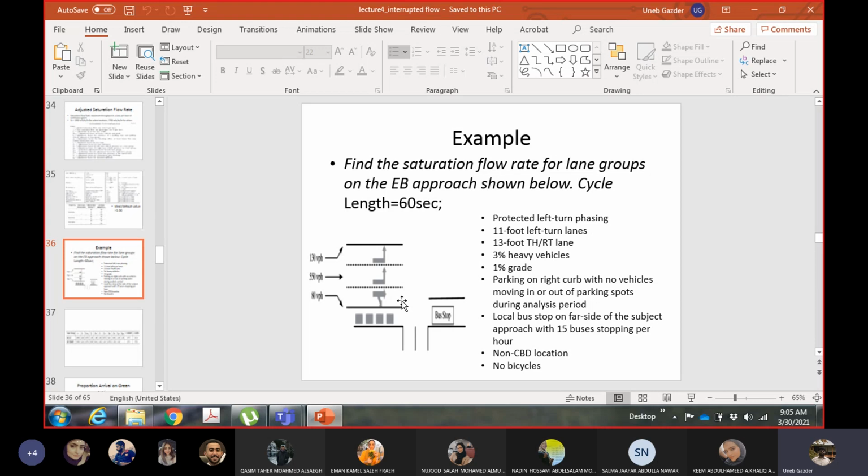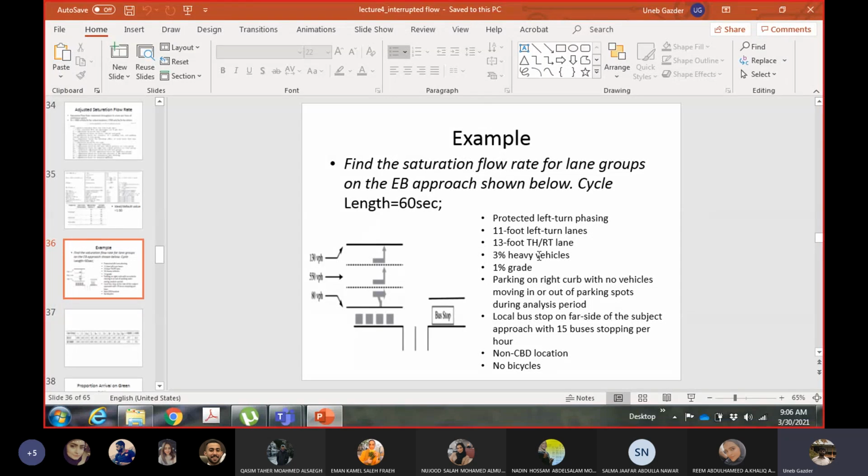This is unique, and I don't know, maybe just for tricking us, because you see the flow rate is very high for the through as well. But still they have only one lane. Anyways, 13 feet through and right lane. This lane is slightly wider as well.